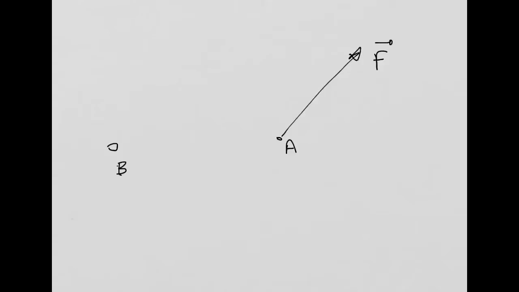So what I'm looking for is the moment at point B that is produced by this force F. So what I have to do is, first of all, I need to connect point B with point A with what we call a position vector. We usually call this R. And then we have these subscripts RBA.